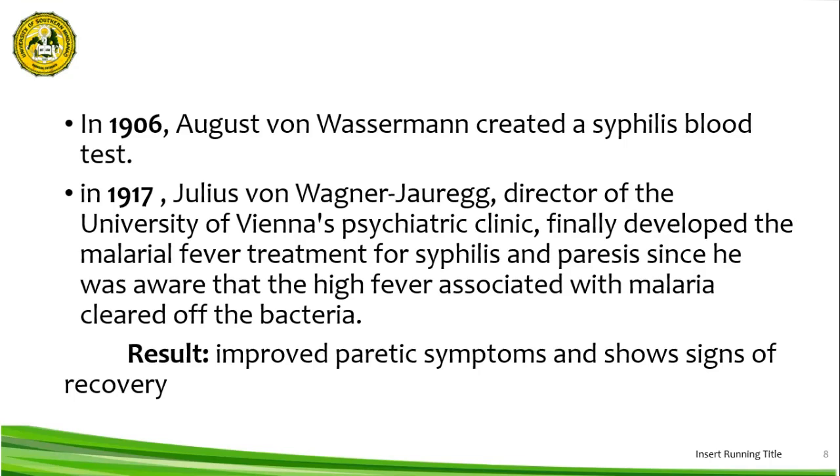In 1917, Julius von Wagner-Jauregg, director of the University of Vienna Psychiatric Clinic, finally developed the malaria fever treatment for syphilis and paresis. He was aware that the high fever associated with malaria clears off the bacteria of syphilis. Three of the nine paretic patients he infected with the blood of a soldier who had malaria showed considerable improvement in their paretic symptoms, while the other three showed signs of recovery.